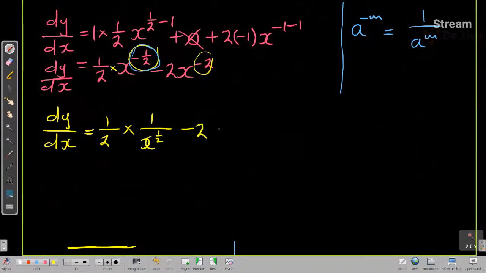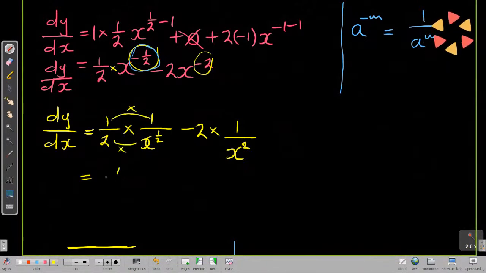Minus 2 times, again, that one will become 1 over x to the power of 2. I hope you see what I'm doing there, which is equal to, if you want to, we can simplify it further. Remember, these multiply, these multiply.